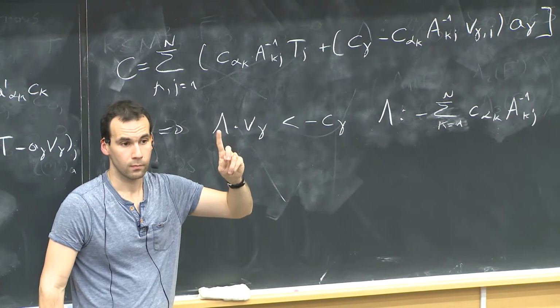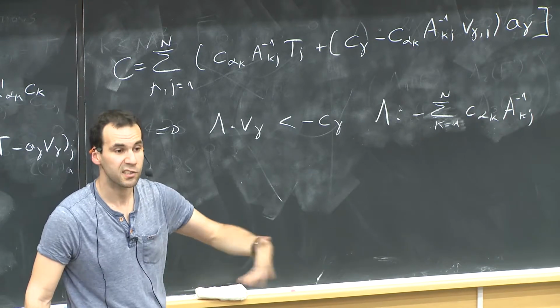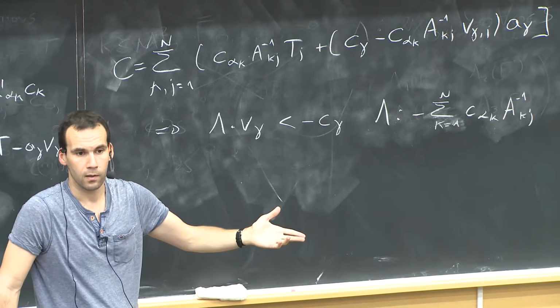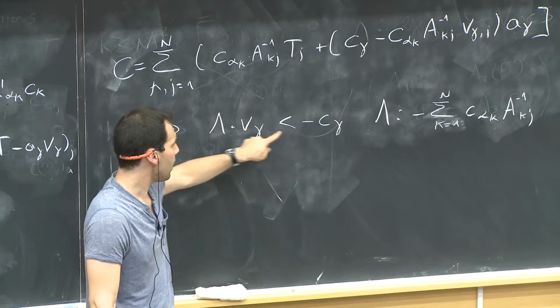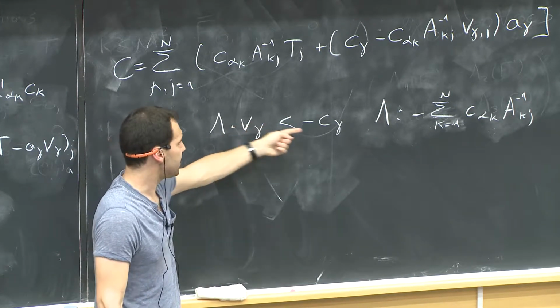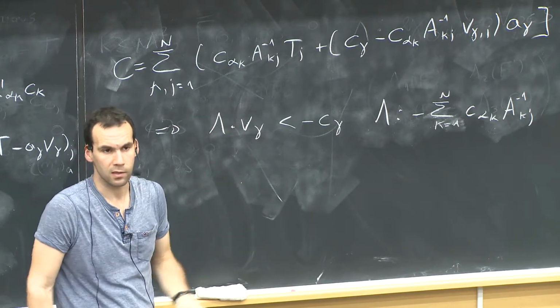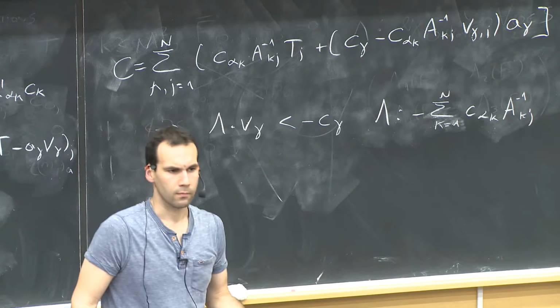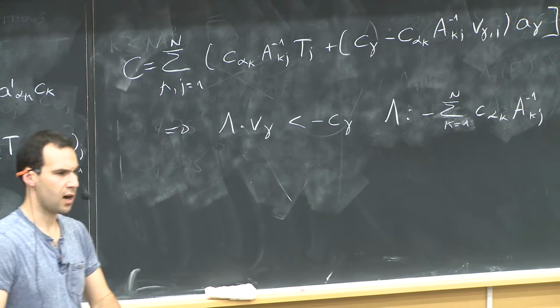One will do. But obviously, you want to choose one such that the cost will decrease as fast as possible. Okay? There are several criteria. So you could just choose the one for which this difference is as large as possible. That's one choice, for instance. But it doesn't matter at the end of the day. The number of iterations in the algorithm will increase. So in terms of numerical efficiency, there are better choices than others.